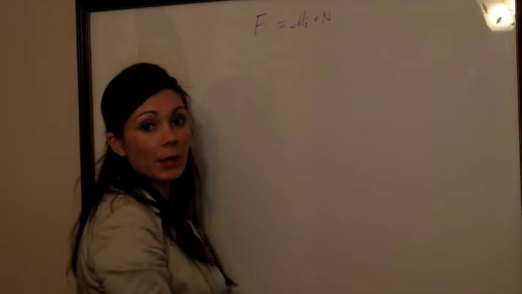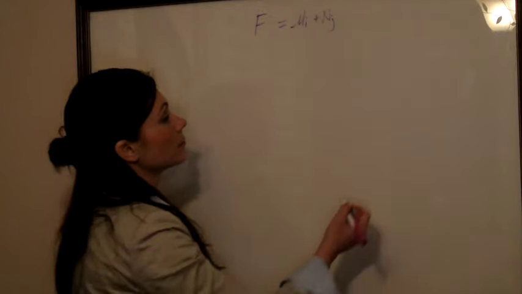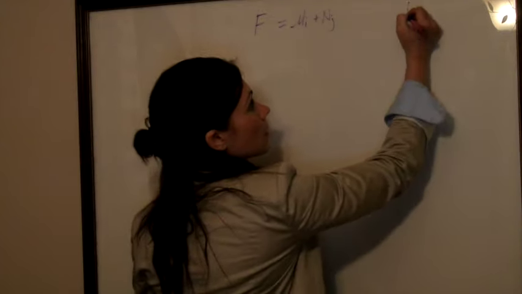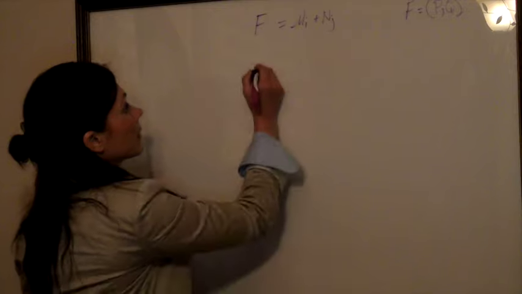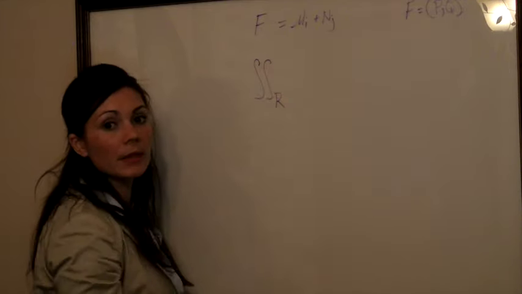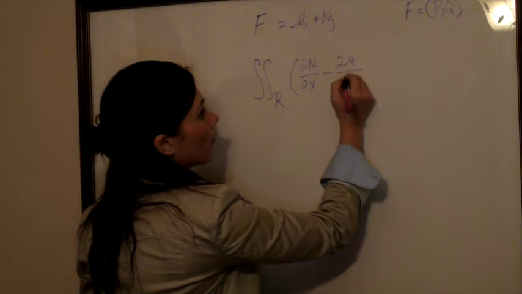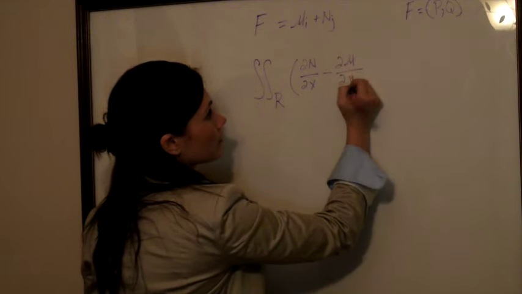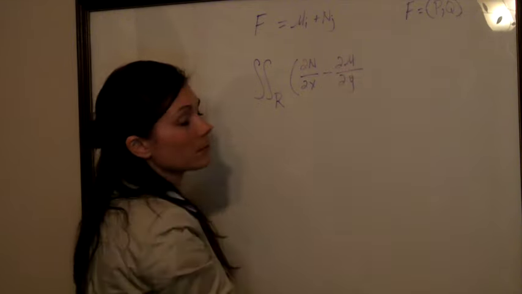So we're going to let R be the region in the plane with the boundary curve C. Here we're going to have F, which is a vector field defined on R. Then the new formula is going to be the double integral over our region of the partial of N over x minus the partial of M over y, dx dy.